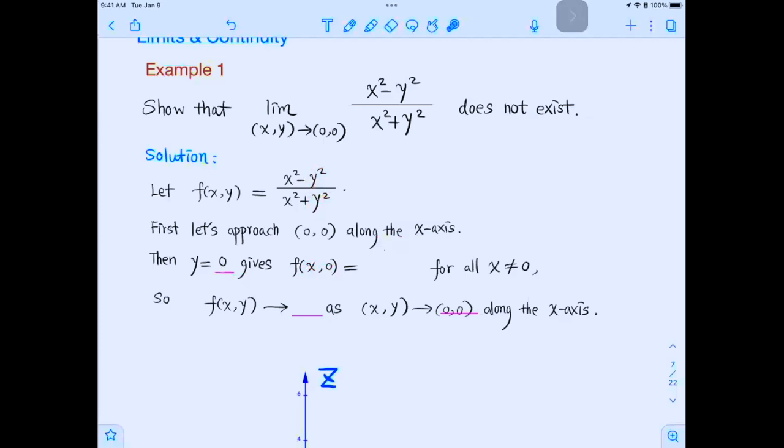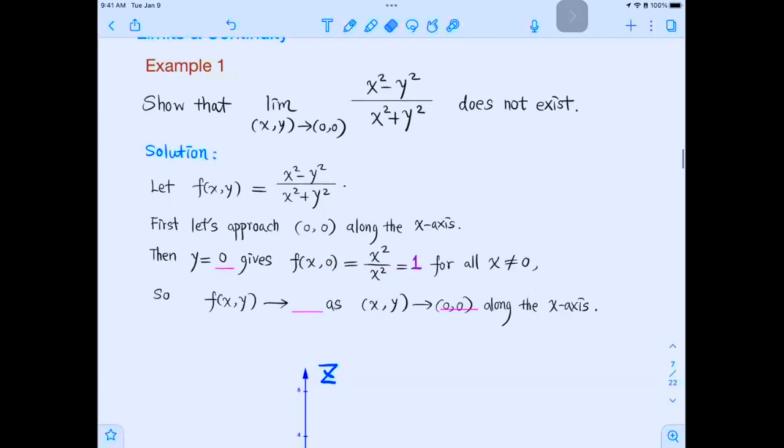So f of (x, 0) equals what? What does this simplify into? Equal to 1? Yes, you got it. That's equal to 1. So it's always 1. Along the x-axis, the function value is always 1.